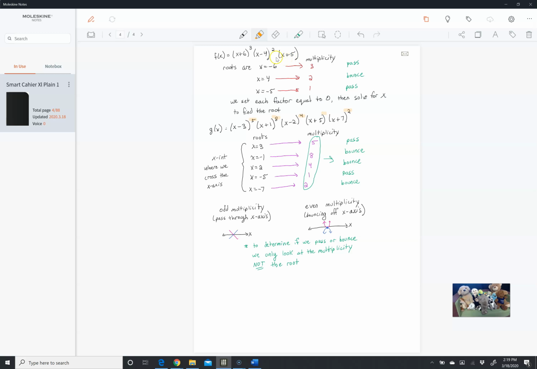And when we multiplied x cubed times x squared times x, you would wind up with an x to the 6. That's because you add the exponents. 3 and 2 and 1 is 6. Okay? So if you were to multiply this out and put it in standard form, the highest value of x is actually the sum of these multiplicities.